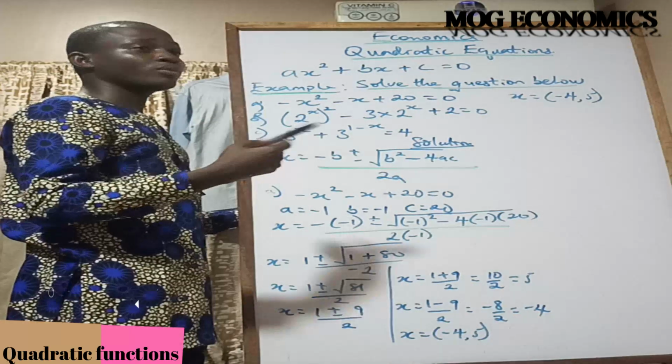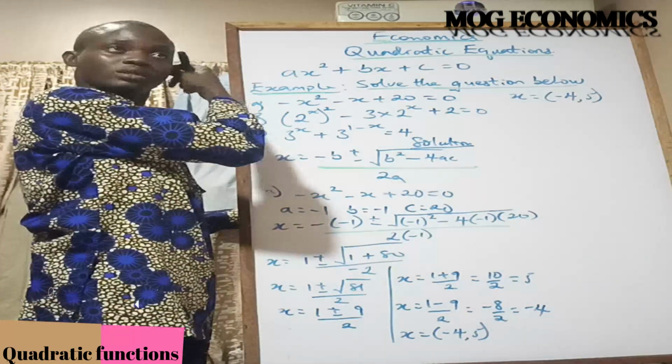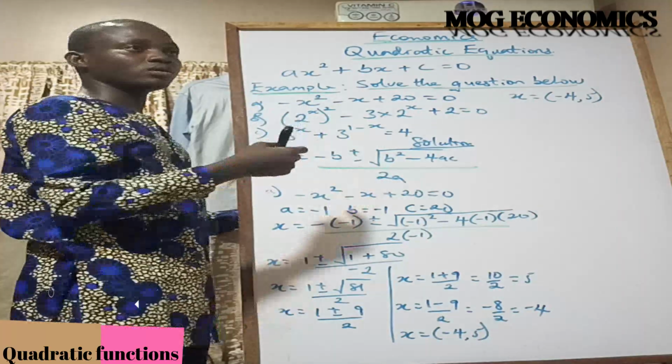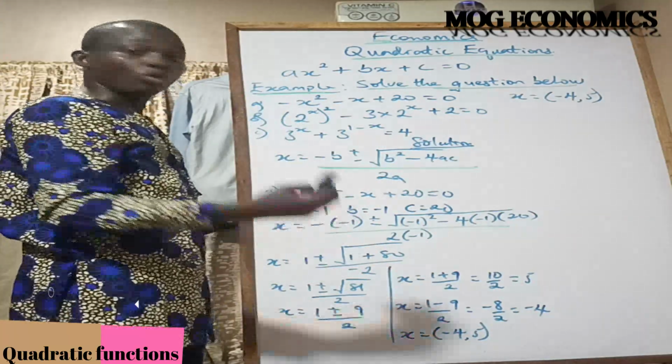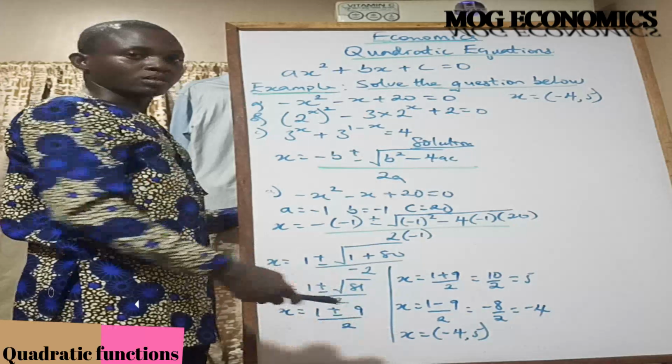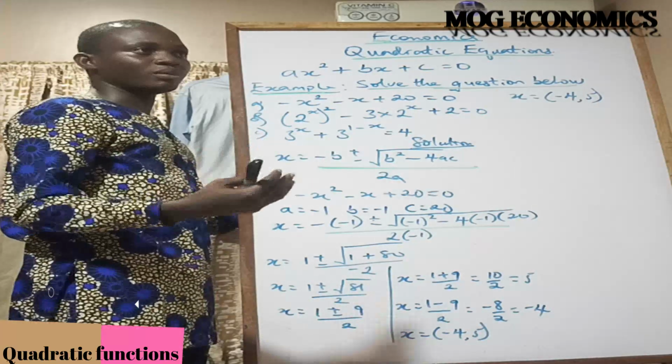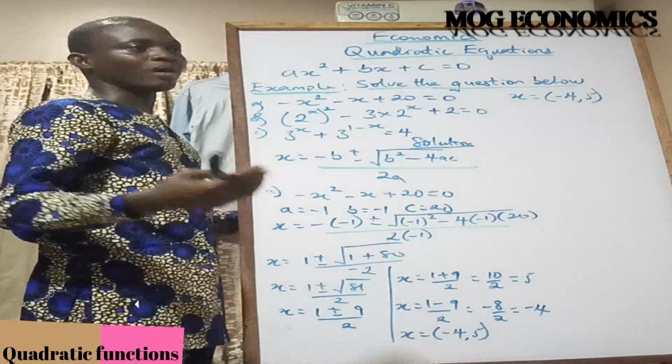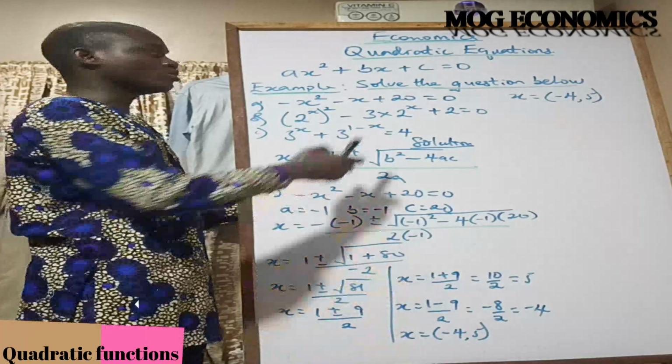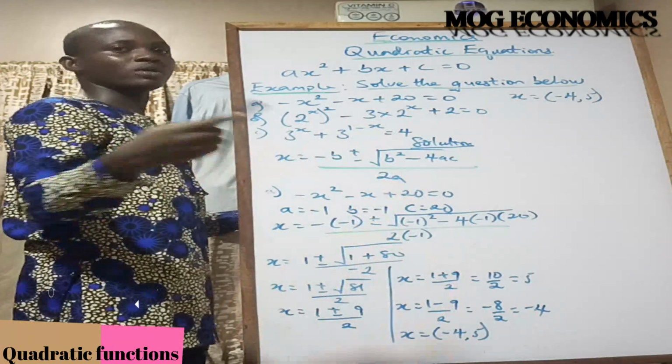That's one. Then sometimes your equation would not have whole numbers like this. Your answer at the end may be like 2.7, 1.8. So how on earth are you supposed to know the two numbers that you need here are 2.7 and 1.8?